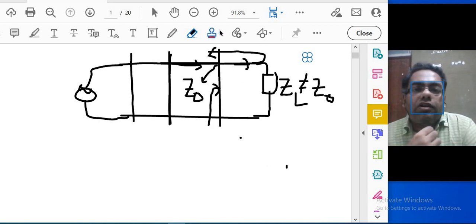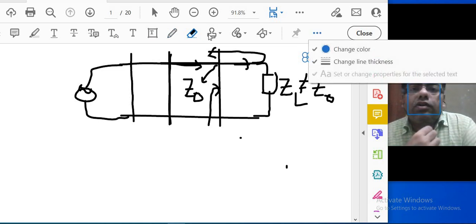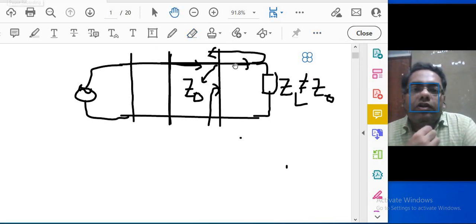I break this connection. At this point I will connect another transmission line.